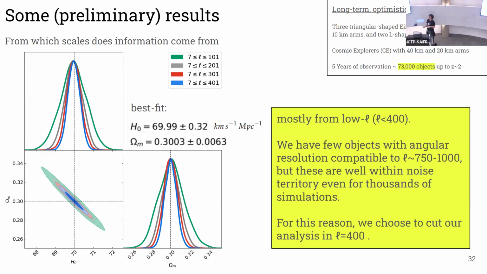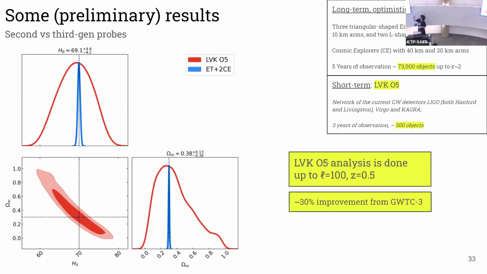But things are different for LVK, where things get much worse. The signal is much fainter and goes up to about L 100, because you have such poorly located events, and you also have only 300 objects.